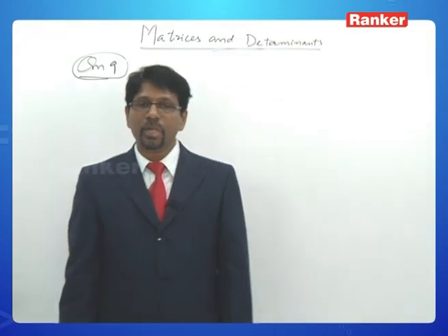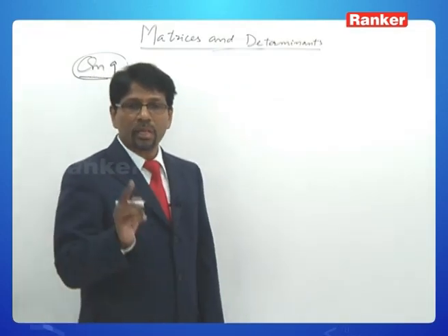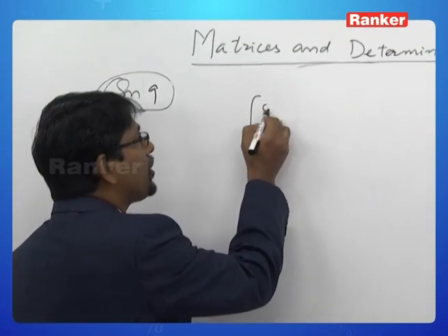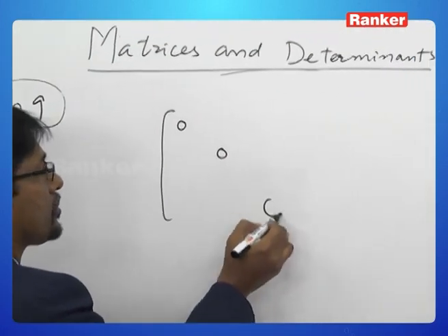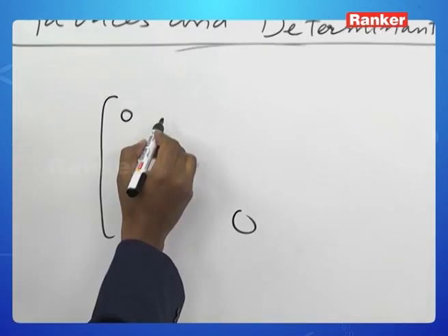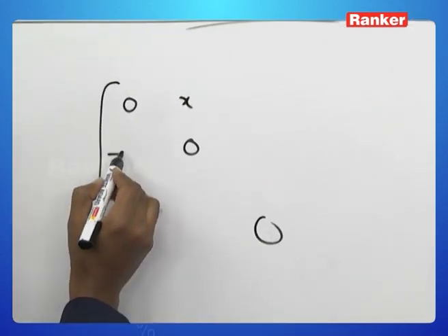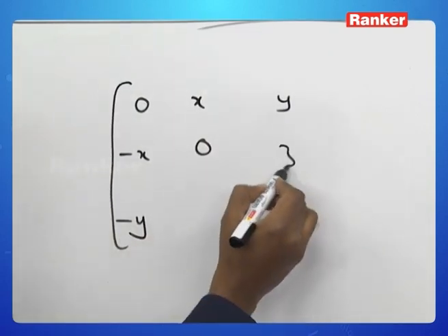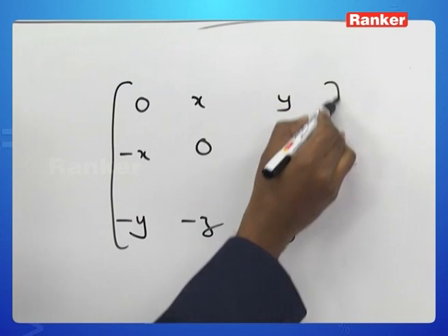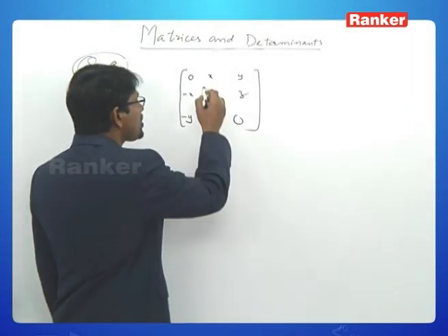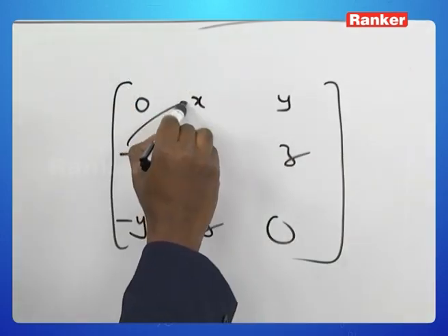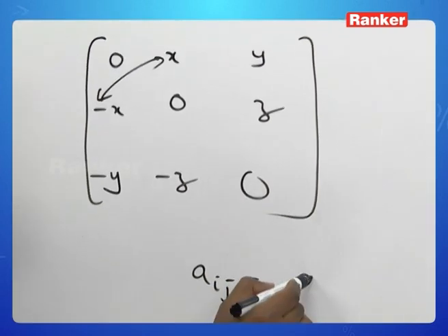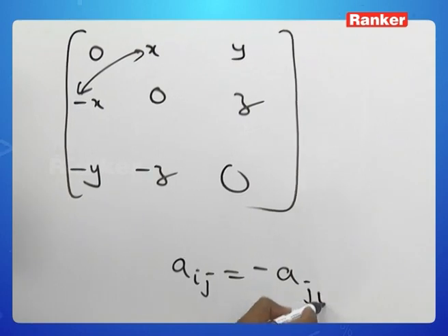Now clearly we observe that the principal diagonal entries are all zeros. And suppose you have an x here, a minus x here, a y here, a minus y here, and a z here, and a minus z here. That is, Aij is equal to minus Aji for all i, j.